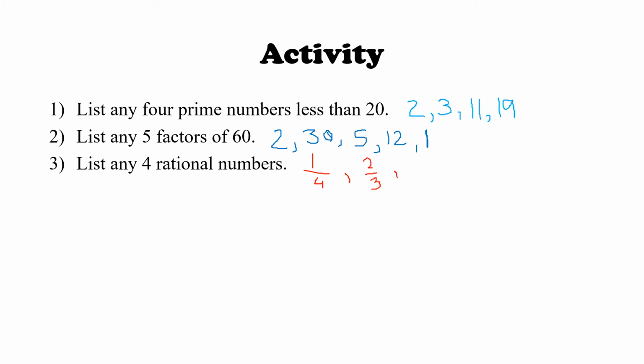It's as simple as understanding the definition. I could have a half. Definitely a rational. And another rational I could have is 5/8. Any number that could be written as a fraction is a rational number. So here we go. List any 4 rational numbers: a quarter, 2/3, a half, 5/8.